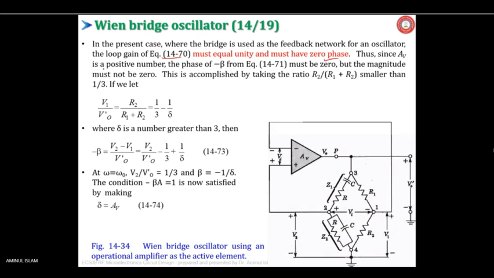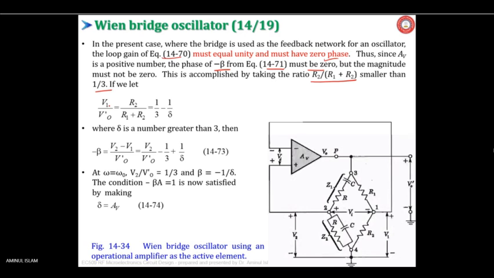Thus, since A is a positive number, the phase of minus beta from equation 14-71 must be 0. Okay, but magnitude must not be 0. This is accomplished by taking the ratio R2 by R1 plus R2 smaller than 1/3.